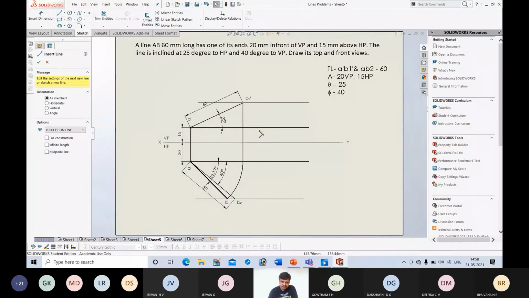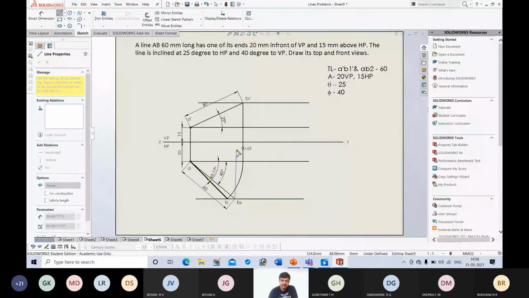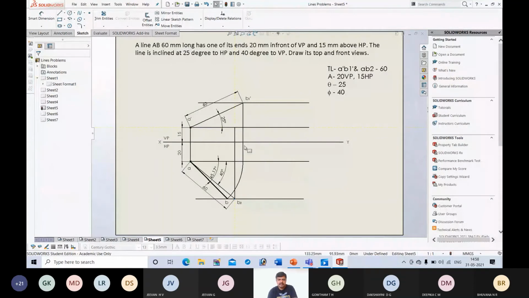You have to draw this vertical from the true length line, not from the view. This is a view. I should draw from the true length line, from this. So draw a vertical like this, till the locus of A. So this is the locus of A. These two are the locus of A. These two lines are the locus of B.